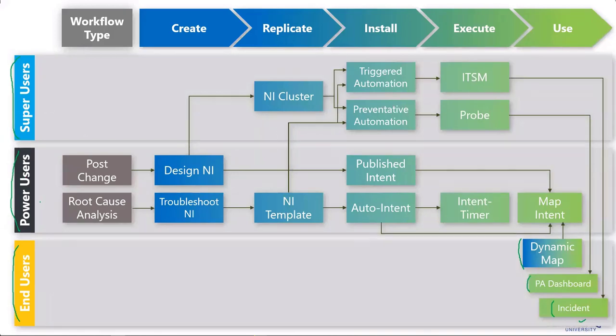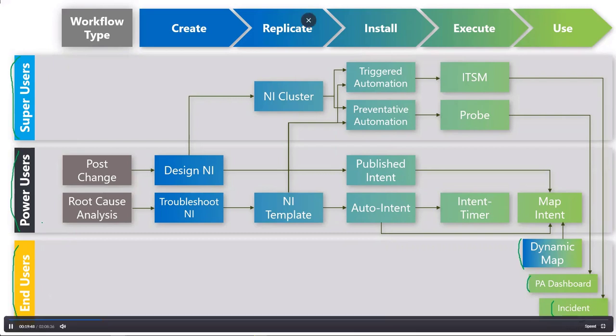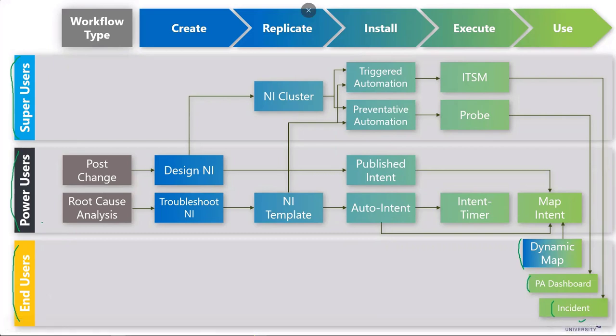So the 100 series, which currently only consists of this class, is about being an end user. When you're ready, the 200 series of live classes is about being a power user, so very straightforward. The 300 series, which we currently don't have any live classes, would be about being a super user.